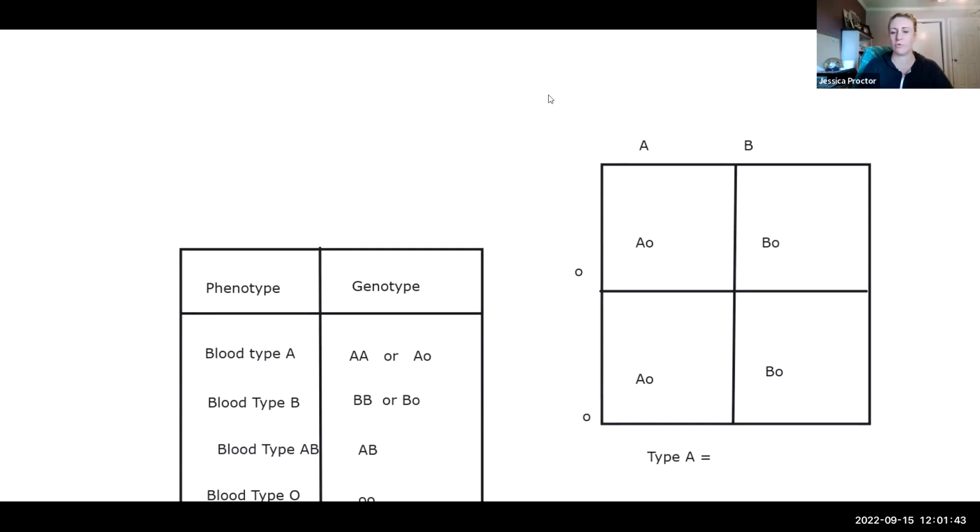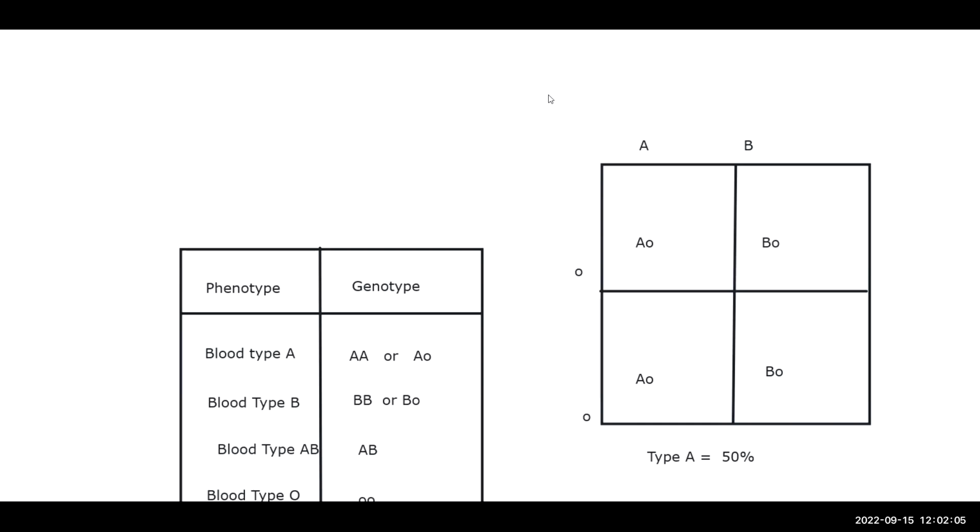So 50% would have blood type A. Now, what percentage of the children would have blood type B? 50%, perfect.